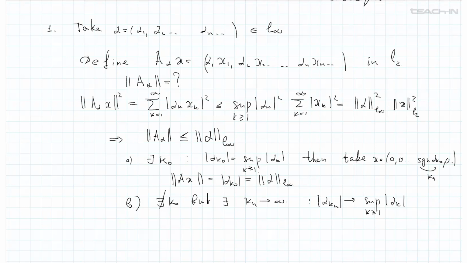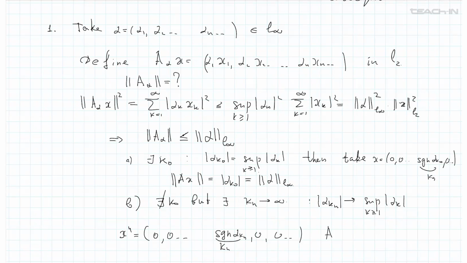Then we take not one element, but a sequence of elements xn, which looks as follows. On the kn place, we take the corresponding signum of alpha kn, and other elements are zeros.